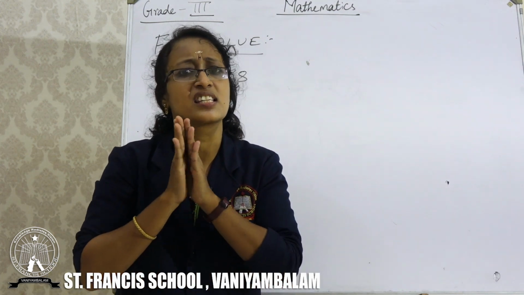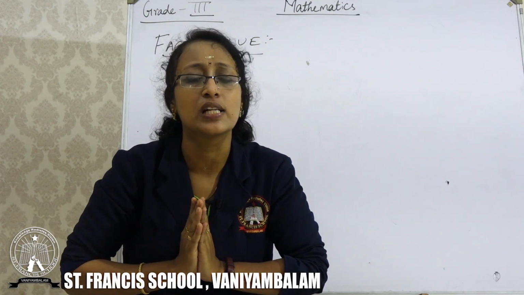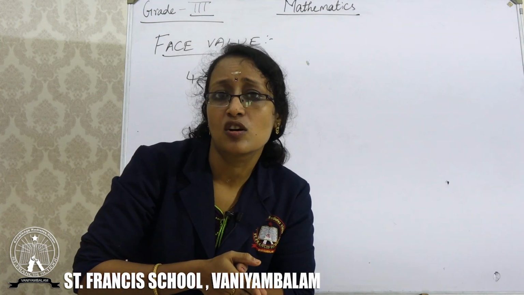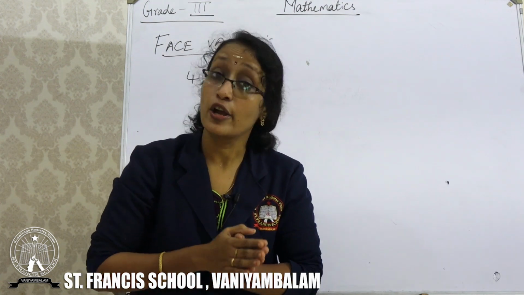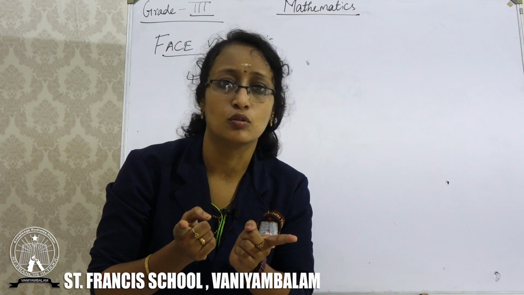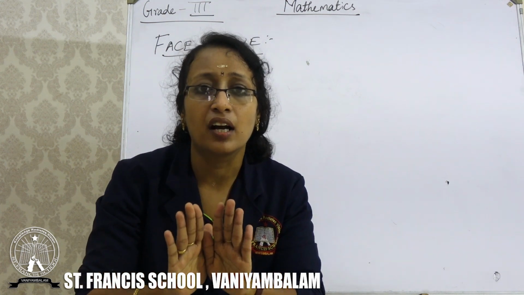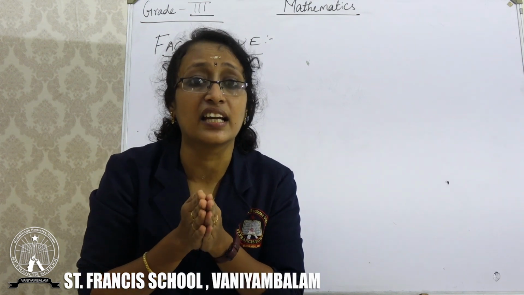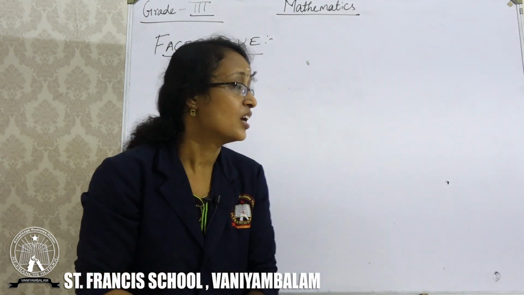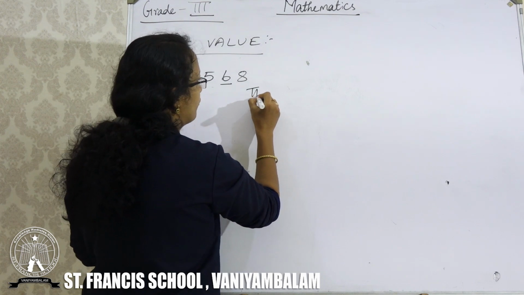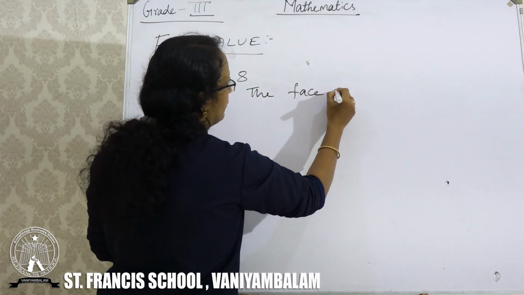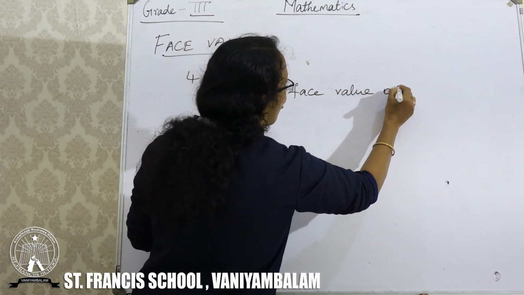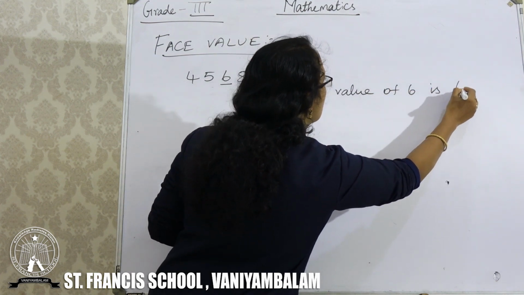If you see the 6 in front of the mirror, what will you see? You will see the same 6, or will you see 4 and 5? No. You will see only the 6, because I need only the face value of 6. So the face value of 6 is 6.